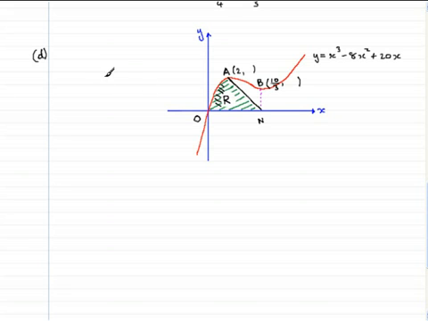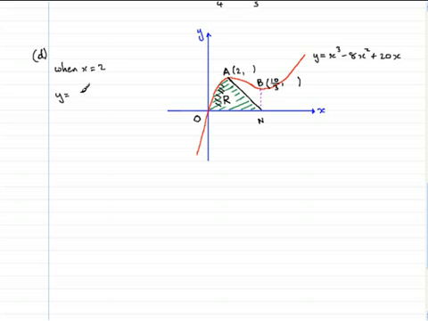So what I'm going to need to do is find out the height here, so I need to put in x equals 2 and find the y value. So when x is 2, let's find out what y is.